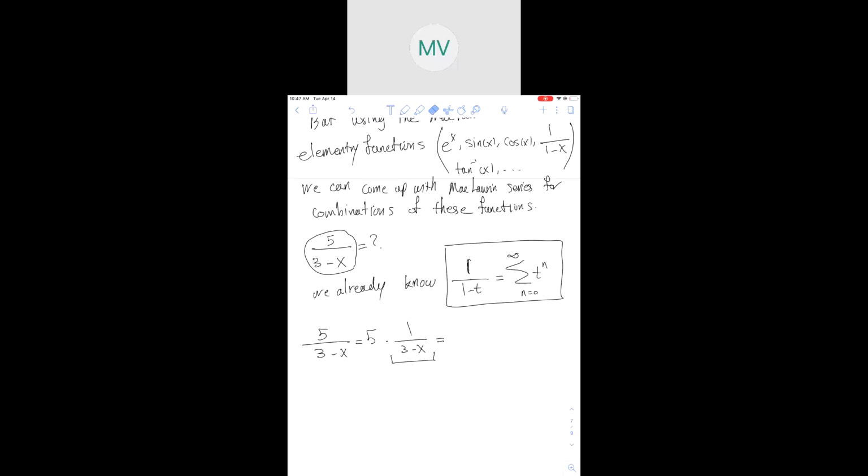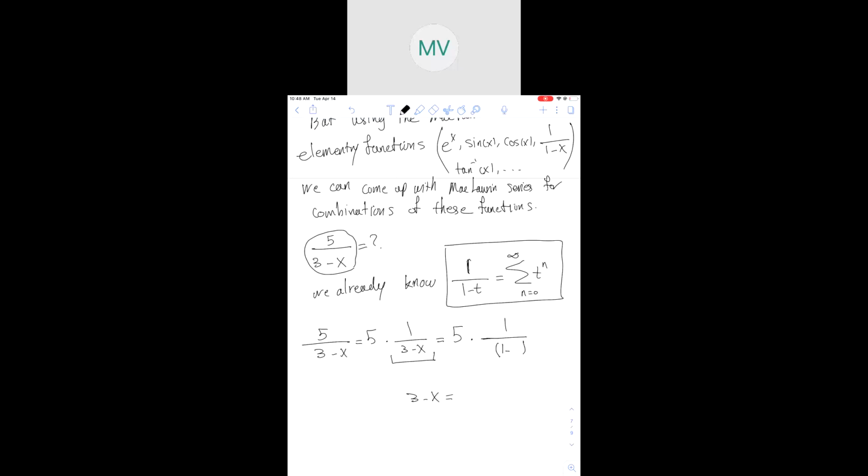In fact, to be more precise, I already have the 5 times 1 over in the numerator. So I'm going to write this as 1 minus something. What I care about is that, instead of 3, I want the first term to be 1. So what should I do? In the denominator you have 3 minus x.